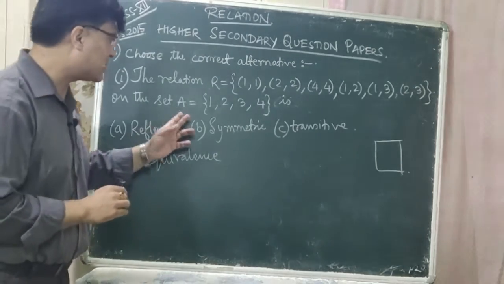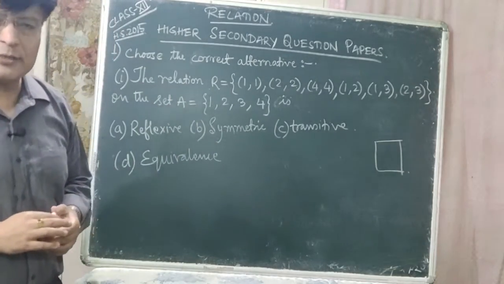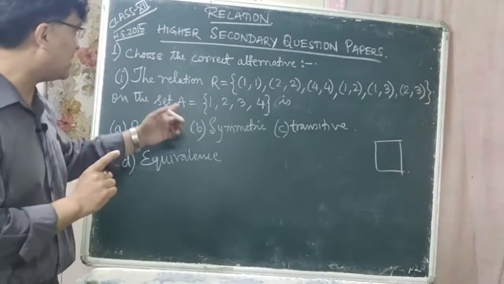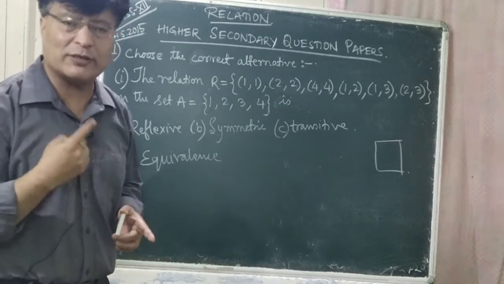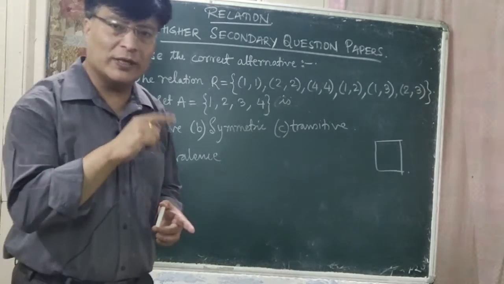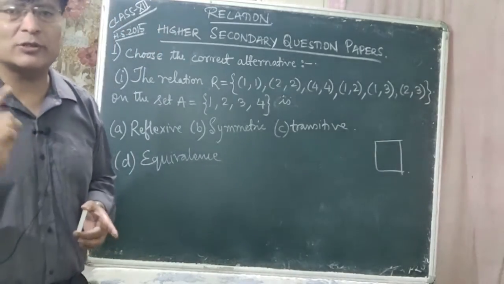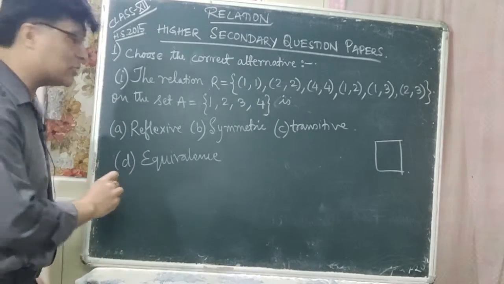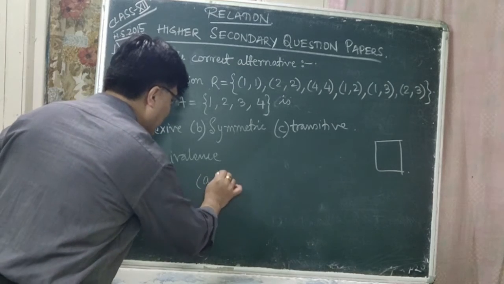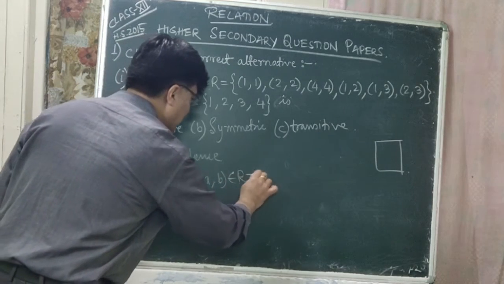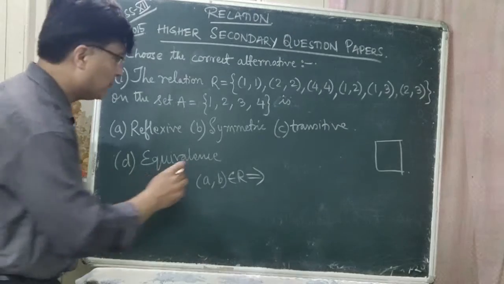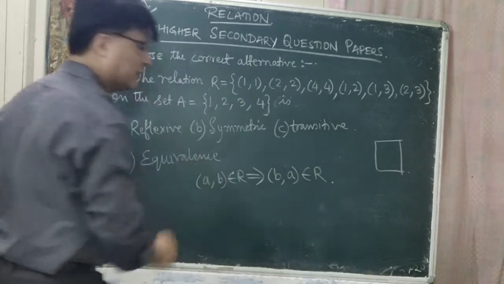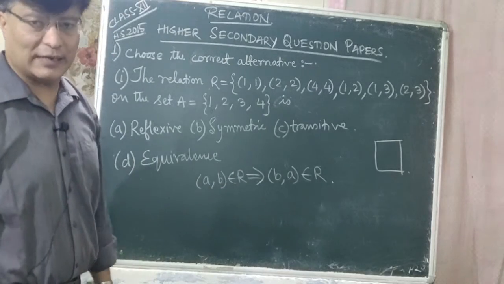Okay, so now next, symmetric relation. What is meant by symmetric relation? A relation R on a set A is said to be symmetric if (a, b) belongs to the relation R implies that (b, a) belongs to the relation R. If (a, b) belongs to the relation R, it should imply that (b, a) belongs to the relation R. So it is a symmetric relation.